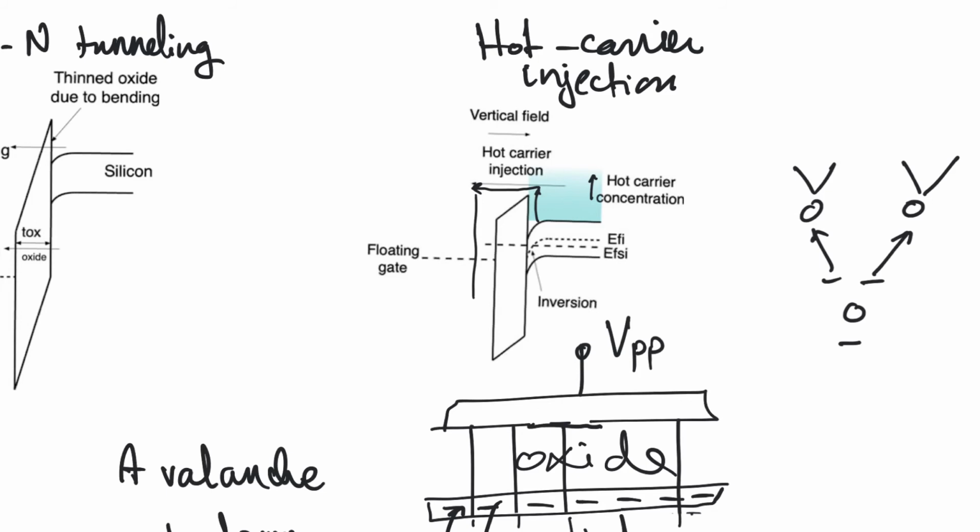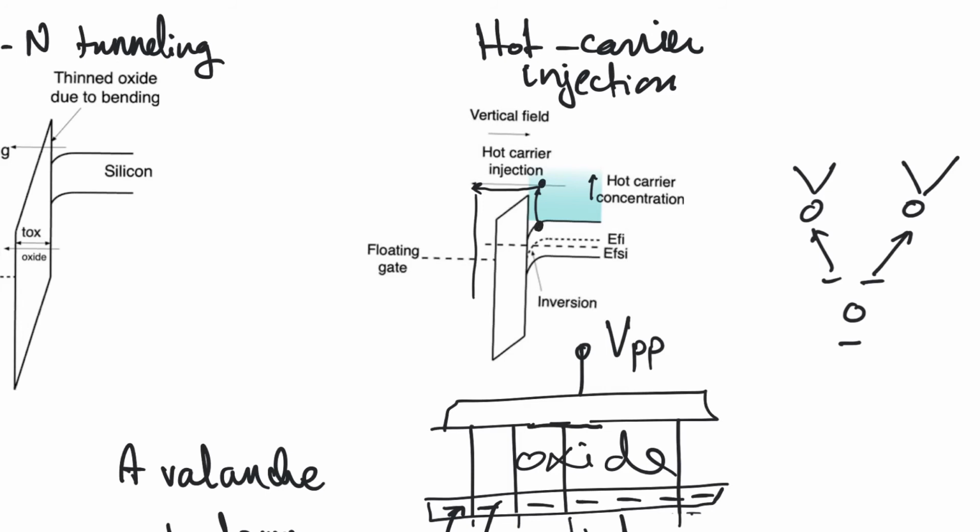Now, why would we have high energy electrons? We have high energy electrons near the drain usually because they are flowing very fast. And so this happens in velocity saturated transistors and especially in transistors with velocity overshoot. So the electrons have so much kinetic energy, we call them hot electrons. They are not at the edge of the conduction band.